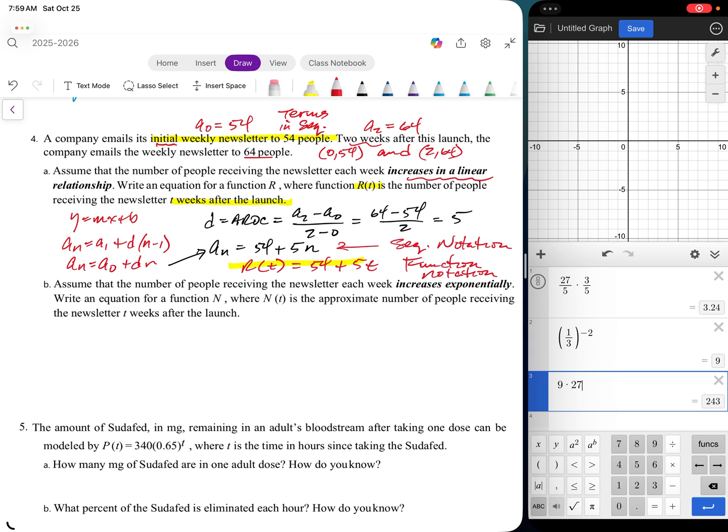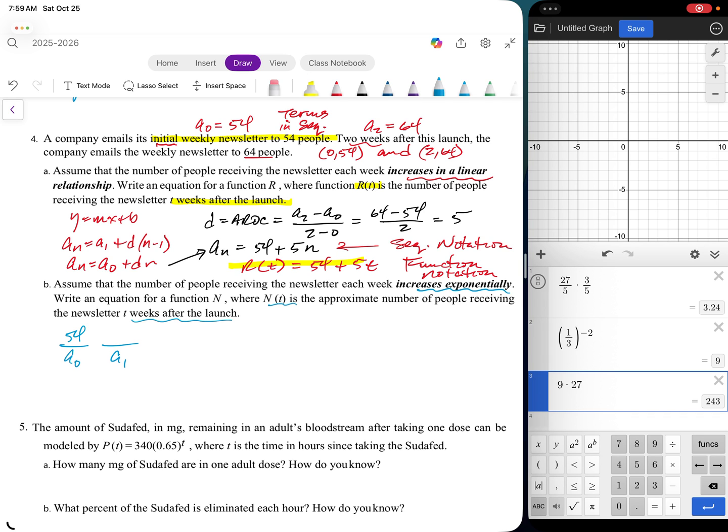All right, now they want you to change gears, and they want to assume now it increases exponentially. Ooh, write a function N of t that represents the number of people receiving the newsletter t weeks after launch. All right, so now we have to think differently. So a sub 0 is 54.